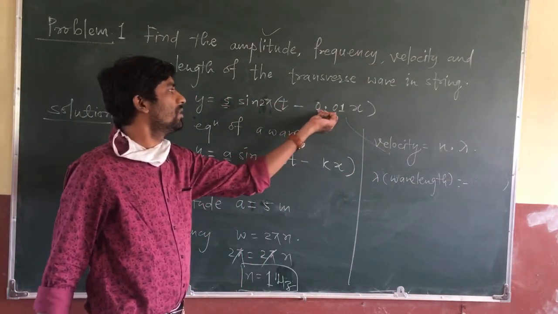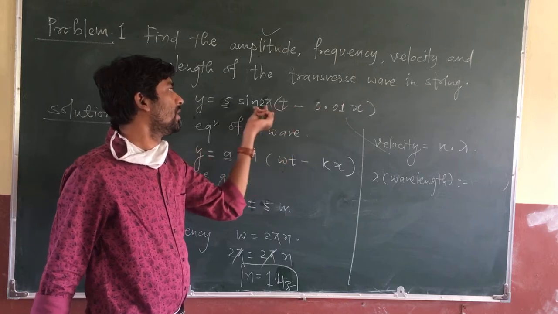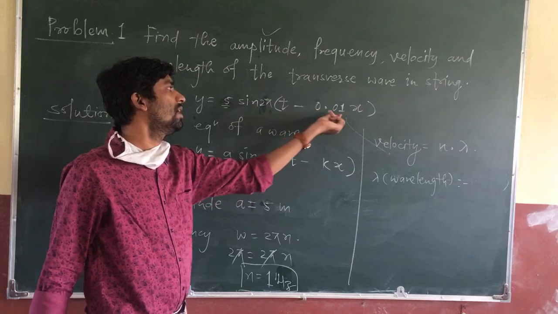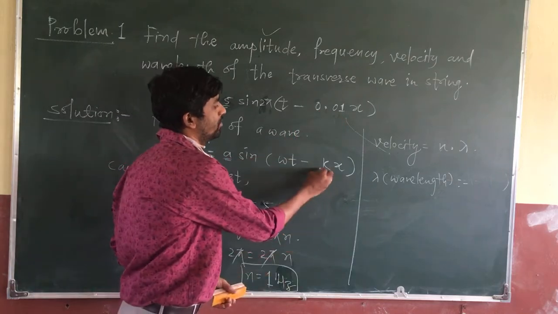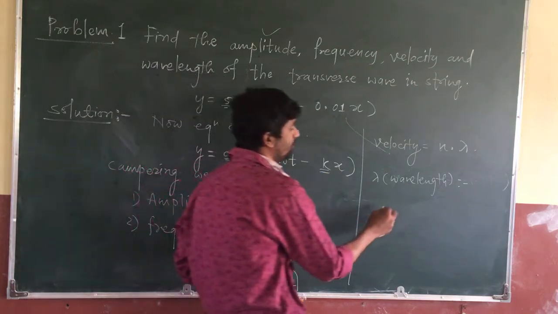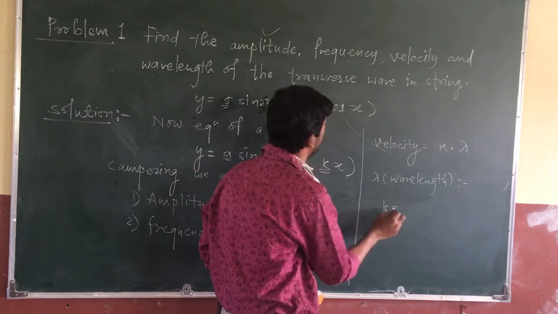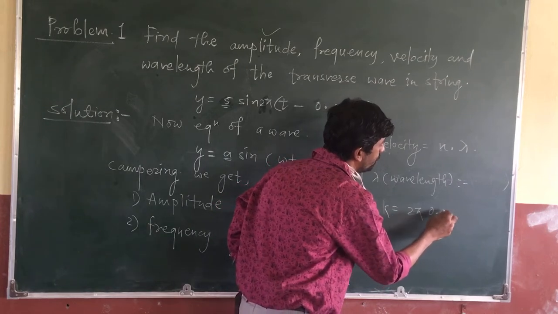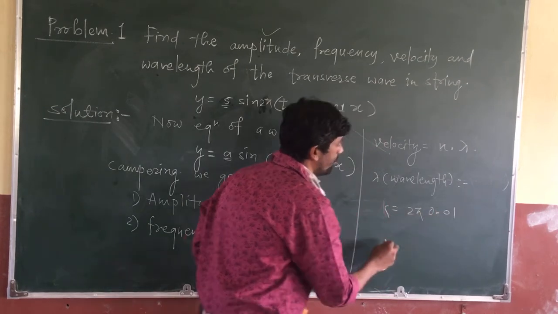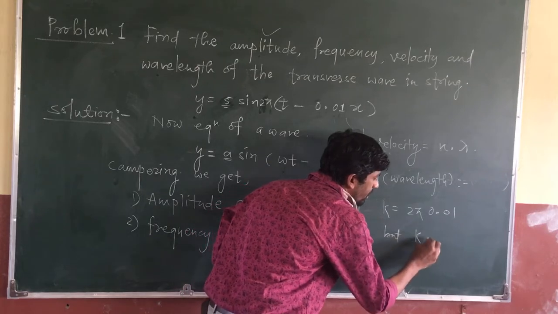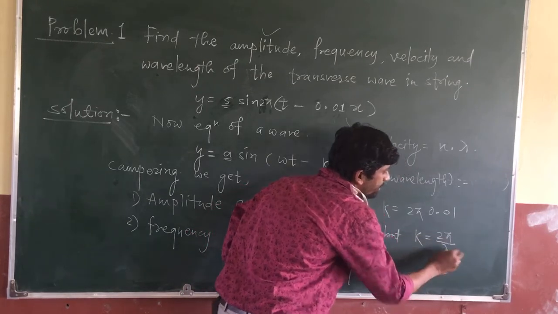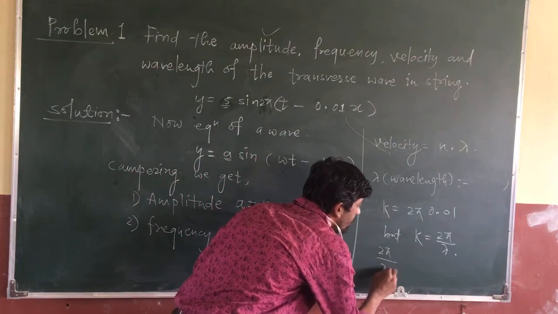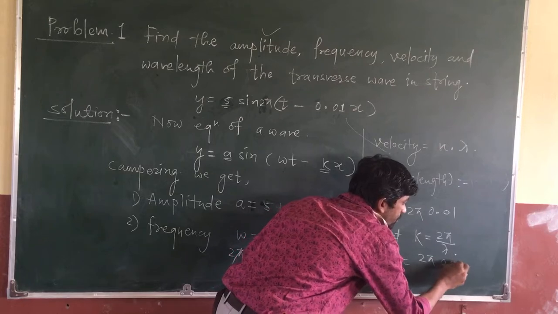In this equation, this value, 2 pi into 0.01, equals your propagation constant k. K is the propagation constant, and it is 2 pi divided by lambda. So 2 pi divided by lambda equals 2 pi into 0.01.